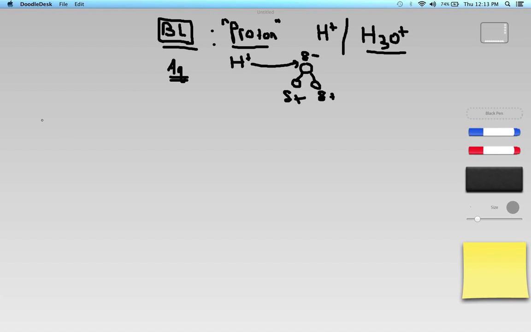Okay, so the two basic types of acids, we have something called strong acids, and we have something called a weak acid. So I'll go weak here. Okay, so I have weak acids down here and strong acids up here. And let's just talk about a strong acid first.